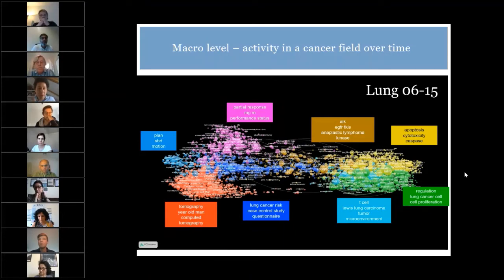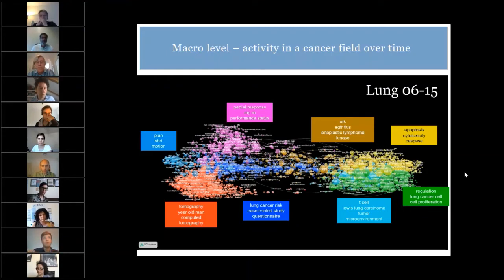So in the green and the yellow cluster, we see a lot of activity around what I would describe as more basic science. This is becoming a greater proportion of overall activity. If you look on the other side, you see that the red cluster in particular is more related to surgery, the purple cluster more related to things associated with non-surgical treatment of lung cancer.